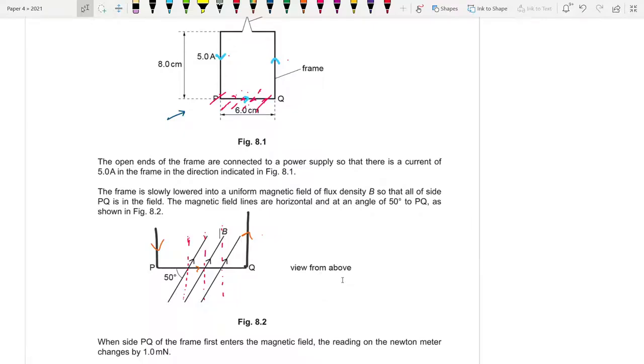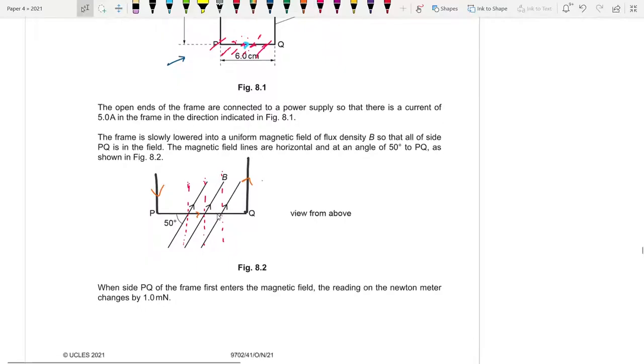So how are you going to do this? Since we're going to take the component that is perpendicular to that field, it's actually horizontal like this. This is one plane. Think of a table. This is wire PQ over here, and the field lines are going like this, right? But we are not going to take that component according to Fleming's left hand rule. Since it's sine theta, we need to take the component that is perpendicular, and the current is flowing like this.